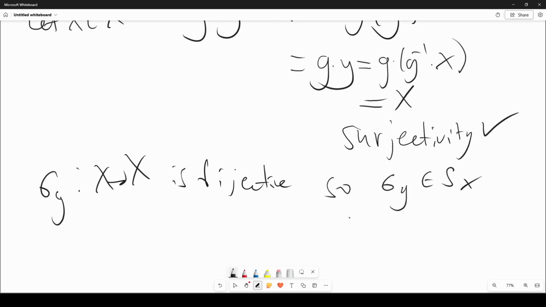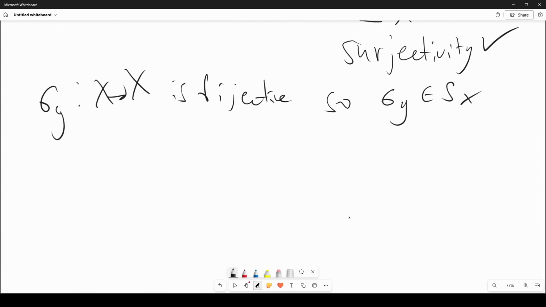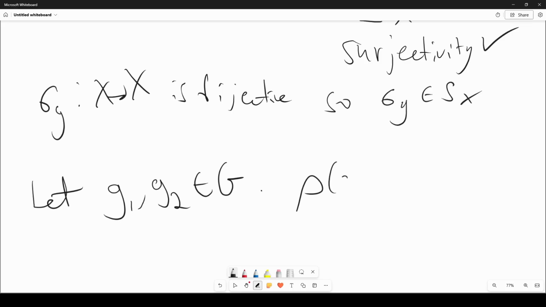Okay, great. Now we still need to prove that rho is actually a homomorphism. Hopefully this is not too hard. So let g1 and g2 be two elements in our group. And if you remember the homomorphism rule from the last episode, we want to show that rho of g1 times g2 equals rho of g1 times rho of g2.